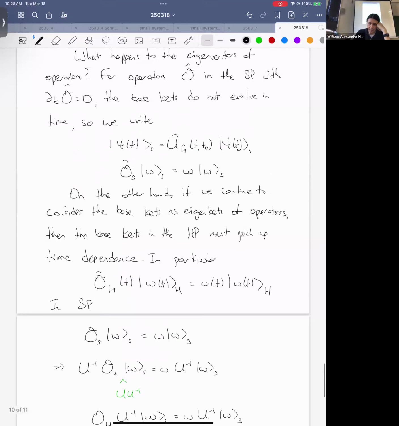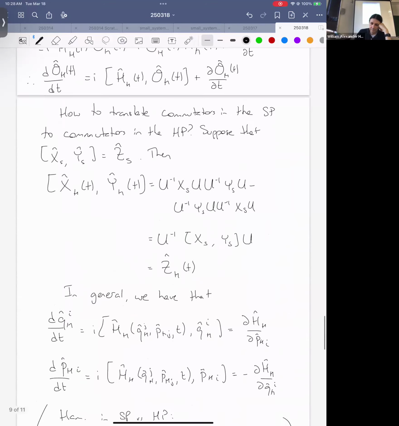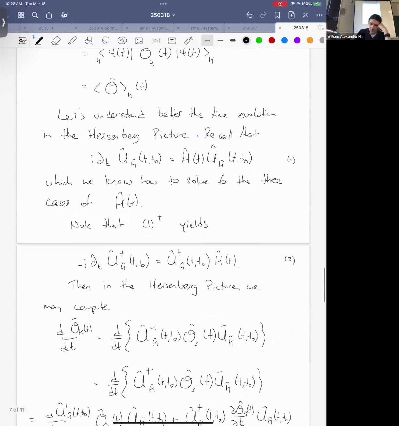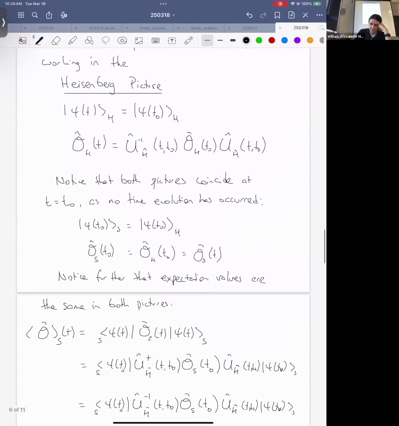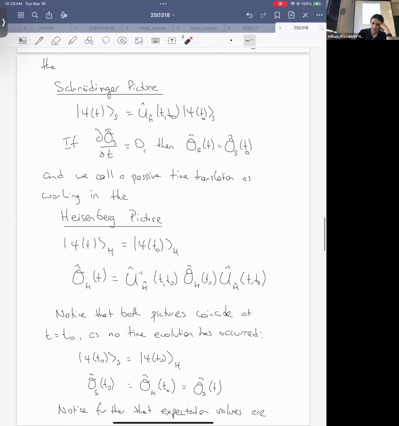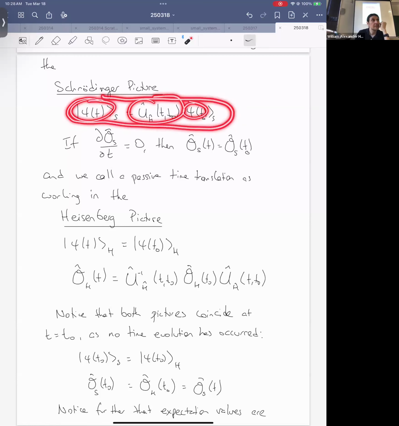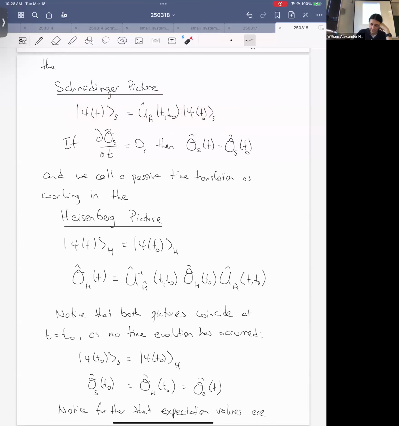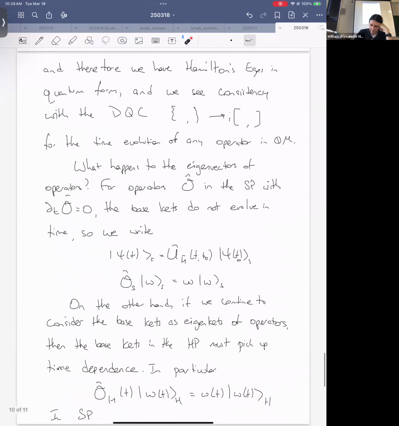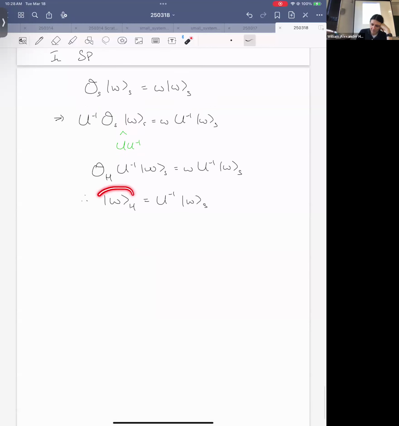Right? And this is analogous to what we've seen before. Remember that in my Schrödinger picture, the time evolution of the state is given by the time evolution operator acting on the state. And what I have here is that the time evolution of my base ket is given by the inverse of the time evolution operator on the initial value.